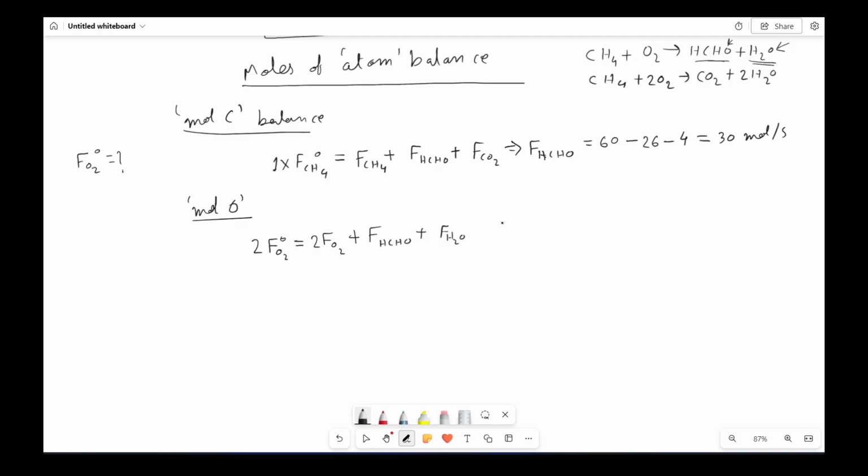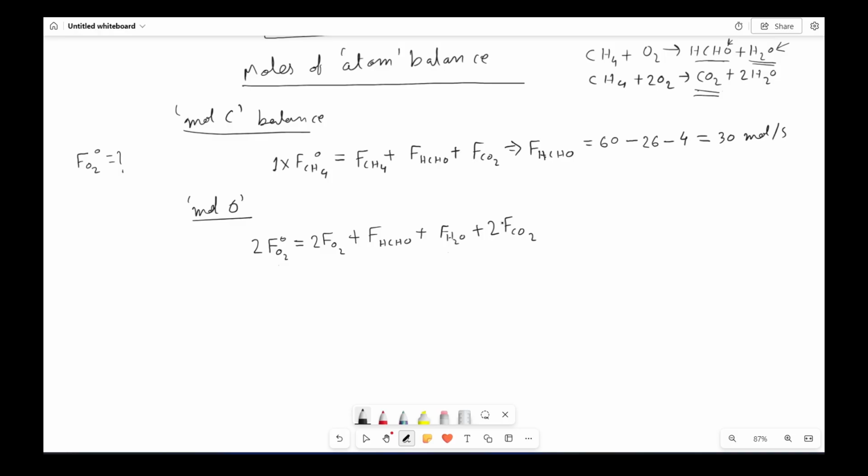Yes, in CO2 also, where a single molecule has two oxygen atoms, plus 2 into FCO2. Now this is our oxygen balance. Here the unknowns are FO2 naught and H2O.